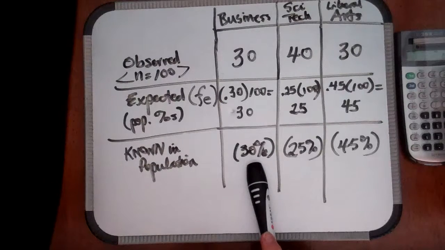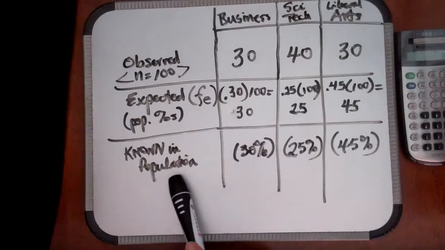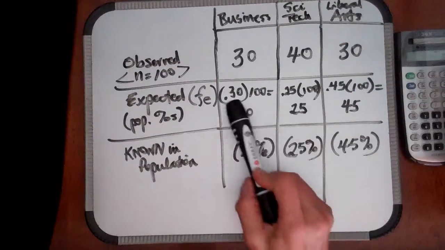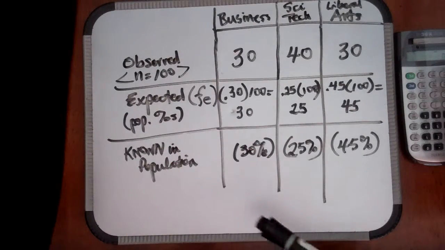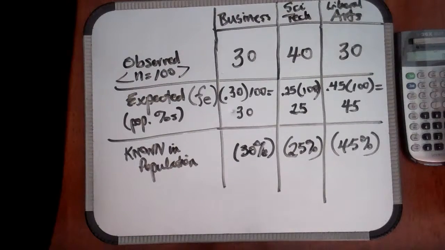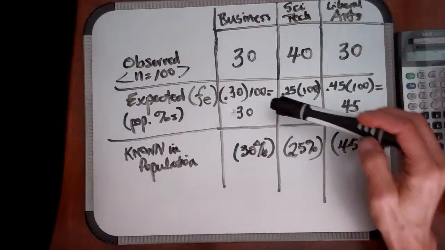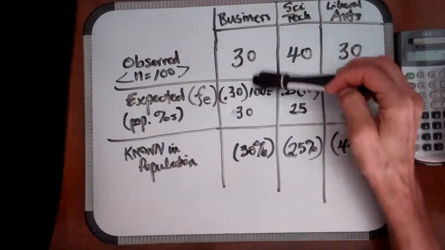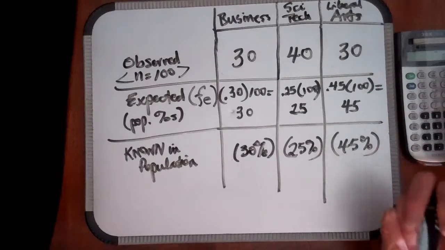So if 30% is the known proportion in the population, for example, in business-related areas, you take 0.30 times 100, because 100 is the number in your sample, and you get an expected frequency, right? You can see just by eyeballing the data that your observed number in business matches exactly the proportion that would be expected, right?